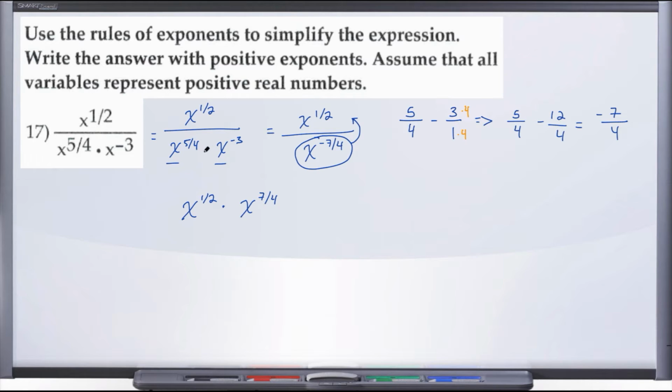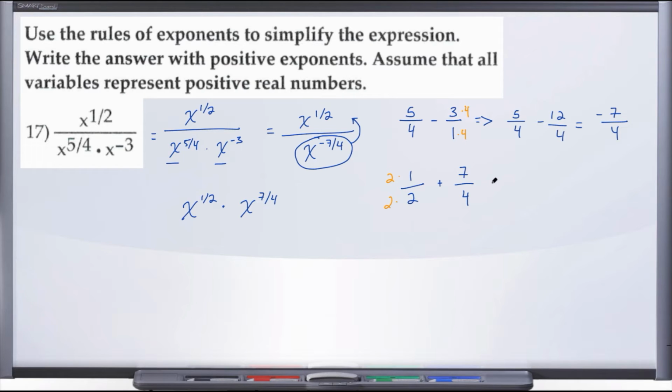Well, now we have a situation just like we had in the original denominator, right? Where we're multiplying like bases again. So since we're multiplying like bases, we know what we have to do to those exponents. We have to add them. So here we have 1/2 now plus 7/4. And again, we want a common denominator, which in this case is going to be 4. So we'll multiply by 2, multiply by 2.